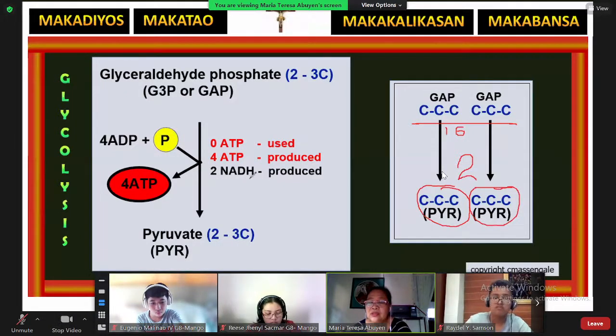So when the 2 GAP molecules undergo reactions to become pyruvates, or pyruvic acid molecules, 2 NADH are made.